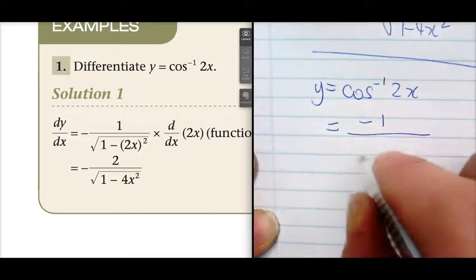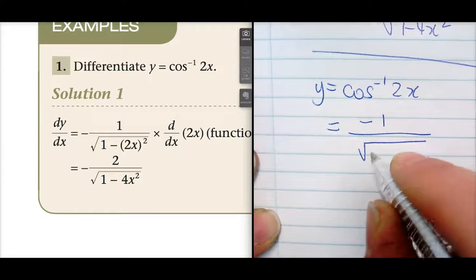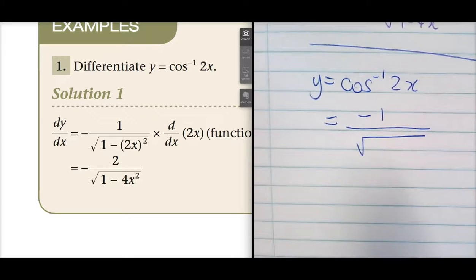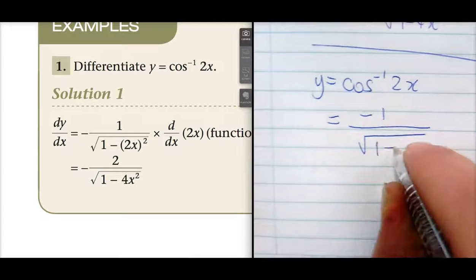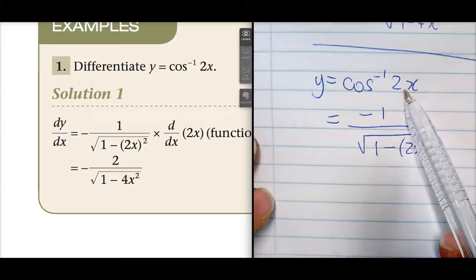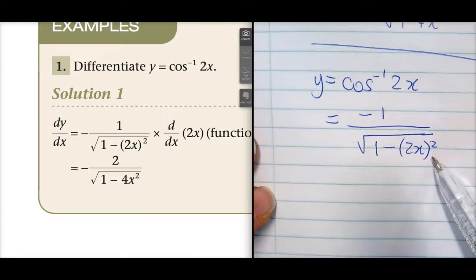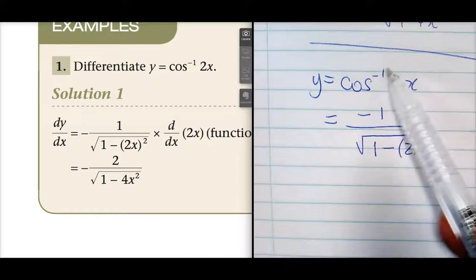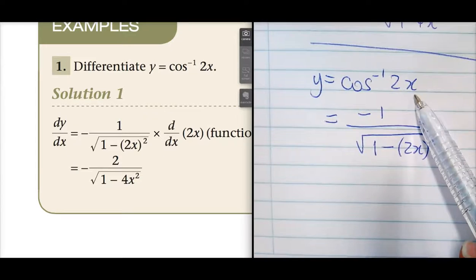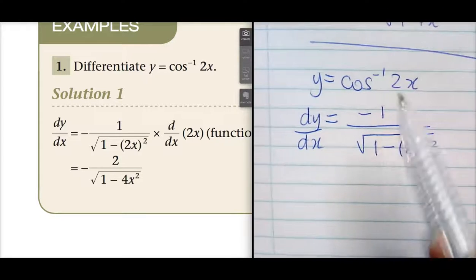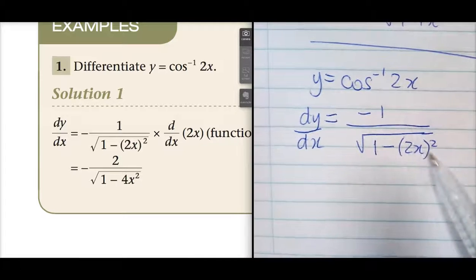It's negative 1 over the square root of 1 minus x squared, if that was purely just an x, of 1 minus 2x squared. See, what's in place of my x? It's 2x. So I apply the rule as if this is just y equals inverse cos of x. Is negative 1 over that? You say, geez, I wish that was x. If it was, I'd do that.